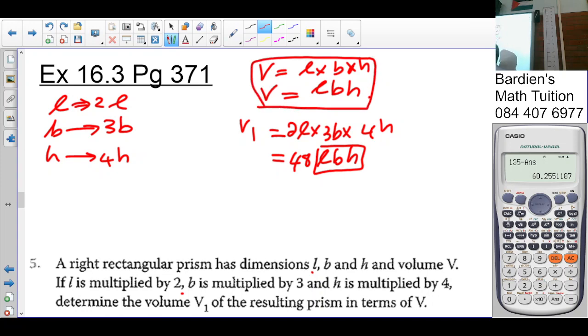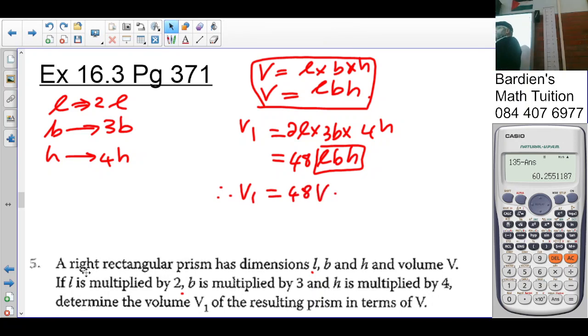So therefore, V1 is equal to 24 times the initial volume. Sorry about that, my mistake. It is 24 times the volume of the initial prism.